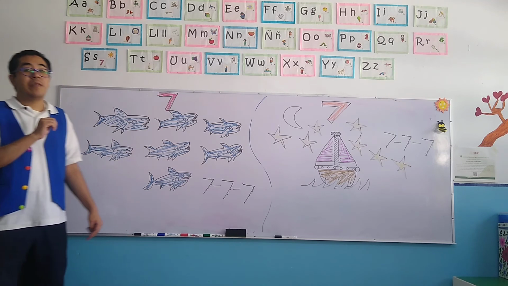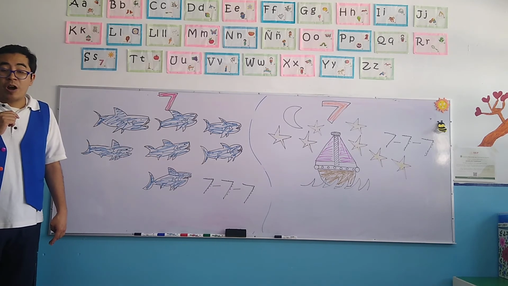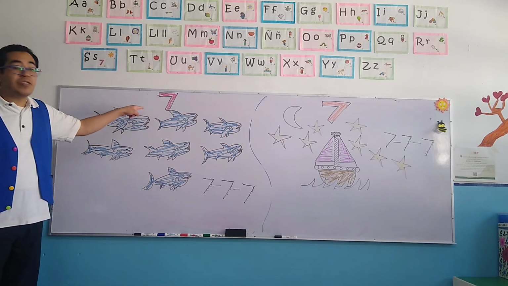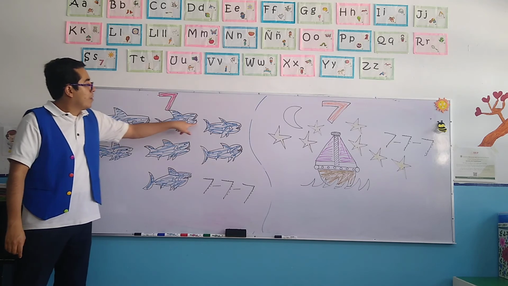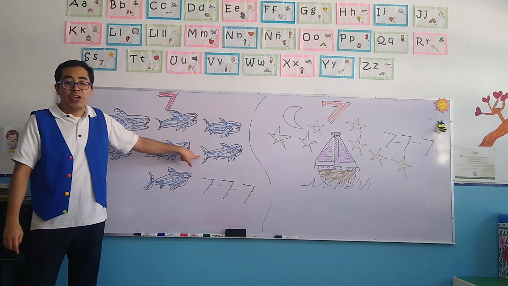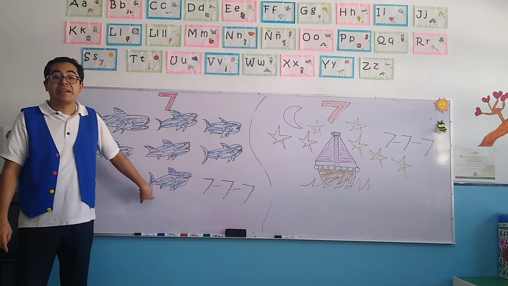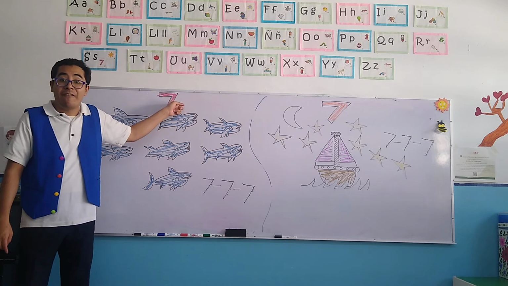So we have to stay a little bit far from the shark. In this case, let's count the sharks to see what's the number that appears here. Let's start. 1, 2, 3, 4, 5, 6, and 7. So the number that appears here on top of it, number 7.